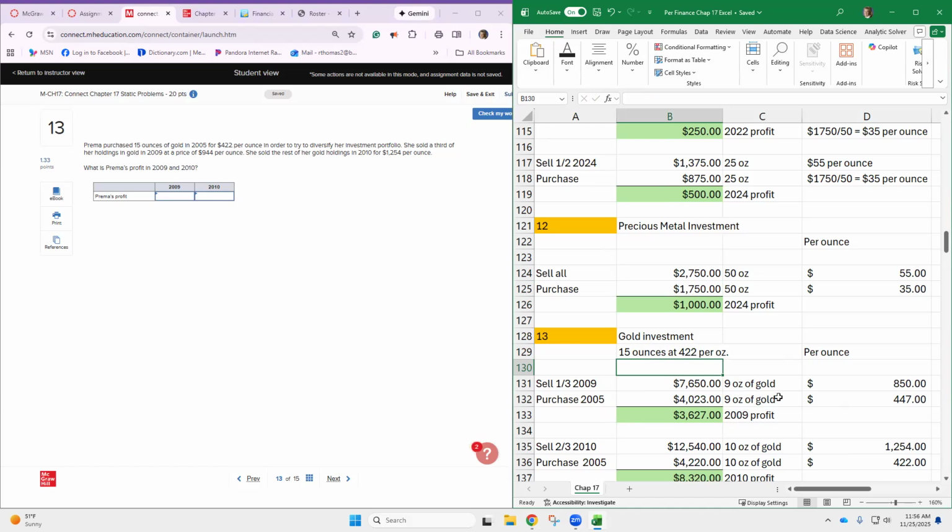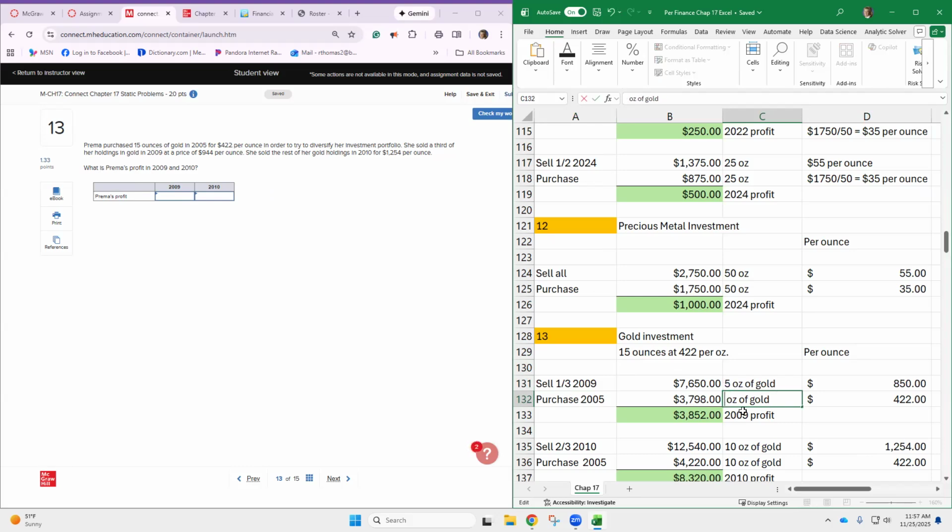All right. So we need to know how much it is. So $4.22 an ounce. So I'm going to put $4.22 here. Okay, now it says she sold a third of her holdings in gold in 2009. Okay, so a third of 15 ounces is 5 ounces, right? Okay, a third of it is 5 ounces.